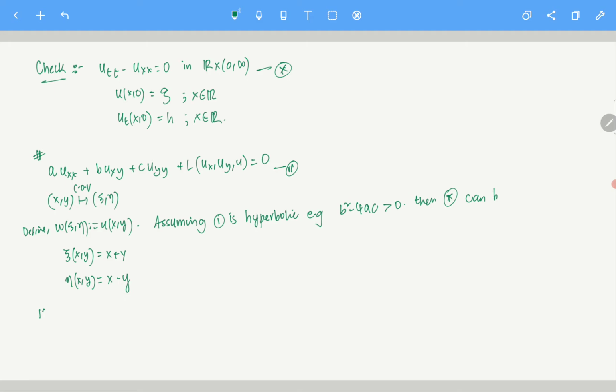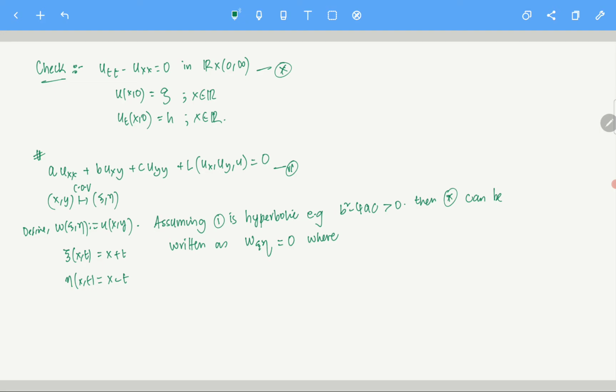Then star can be written as w xi eta equals 0, where xi of (x, t) is given by x plus t, and eta of (x, t) is given by x minus t.